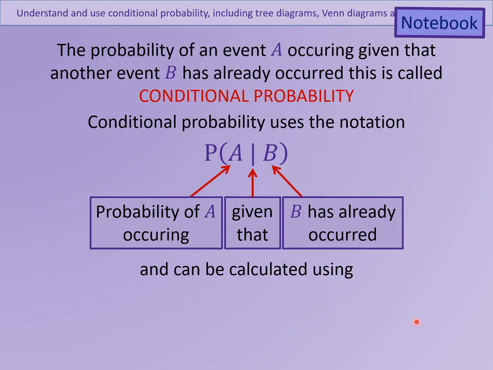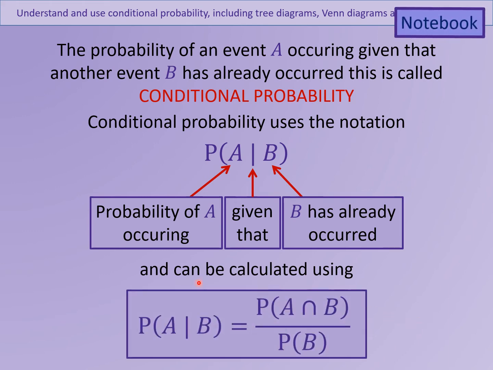We can calculate it using this formula. Now that's the formula that we just saw an example of. To work out the probability of A given B, we can work out what the probability of A and B is going to be and divide it by the probability of B. That is why it's crucial you get it the right way around, because what you're dividing by is that bit.